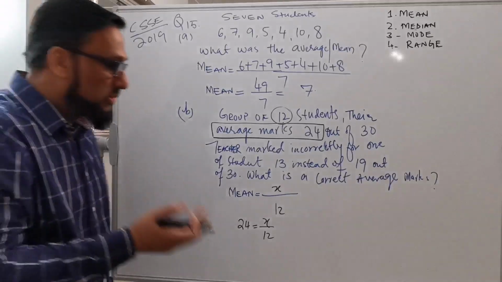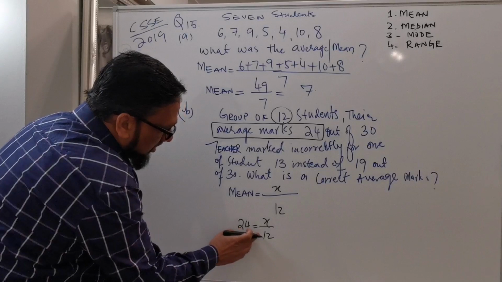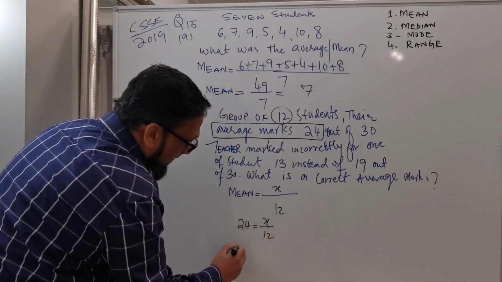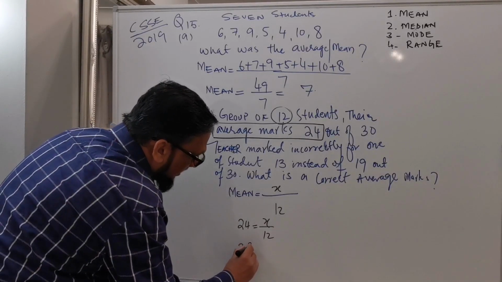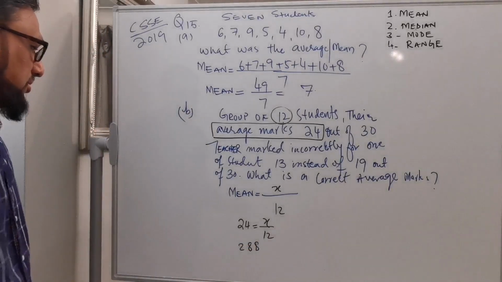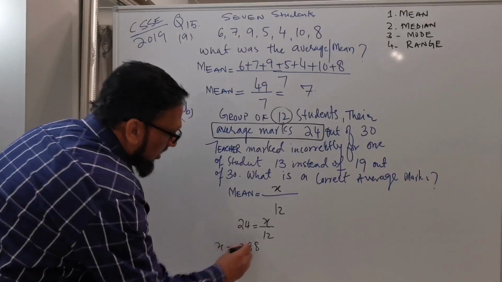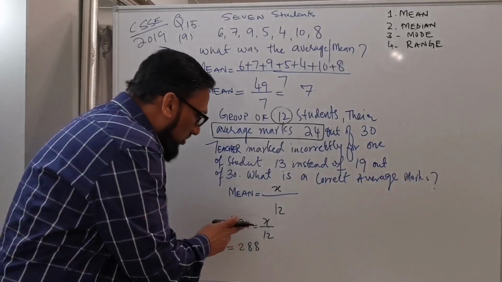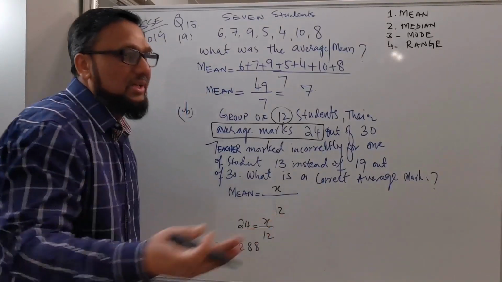Now we need to find the sum of the data, which is x. So 24 times 12 is 288, so x equals 288. 24 times 10 is 240 and 24 times 2 is 48.